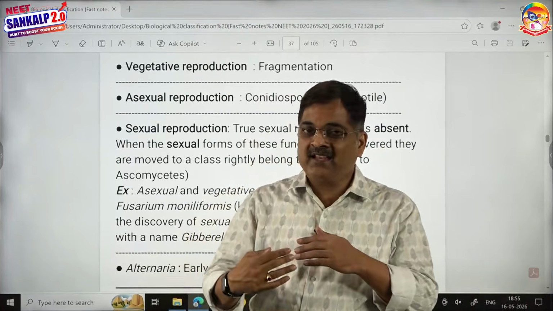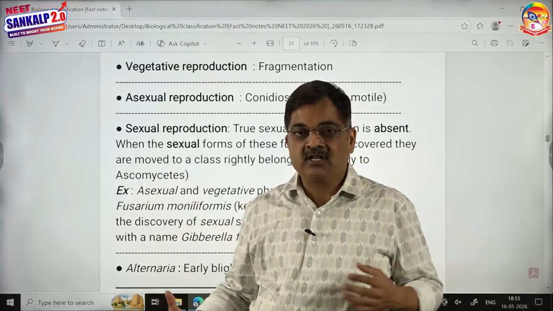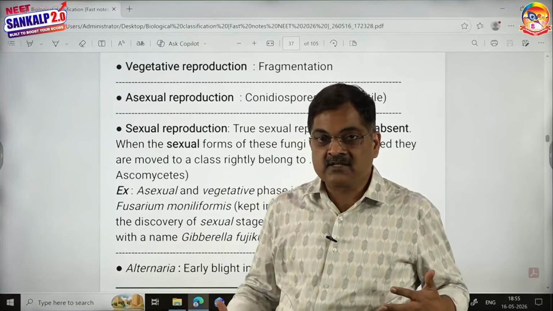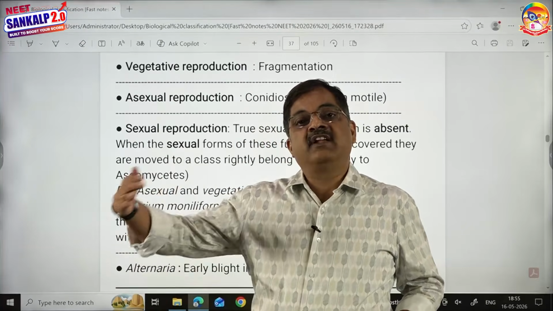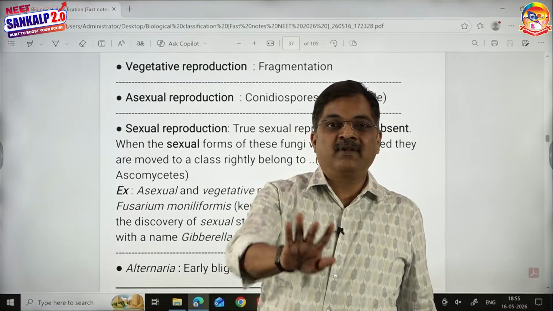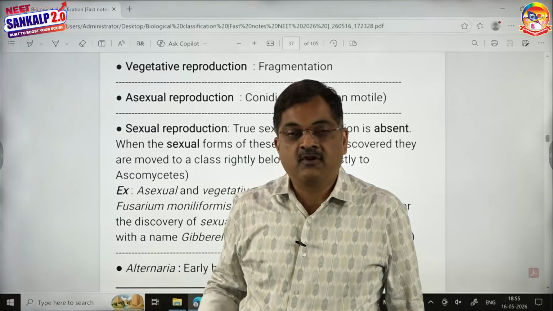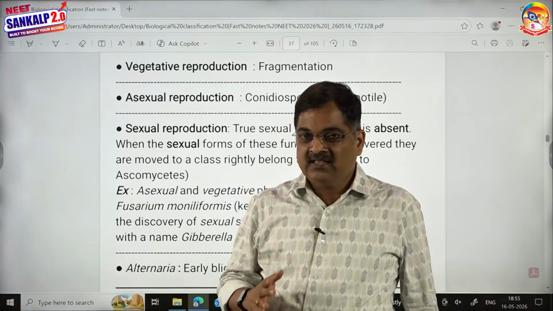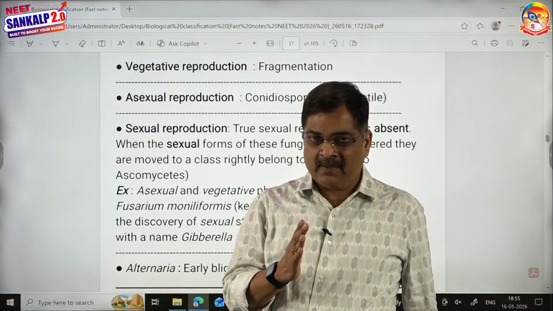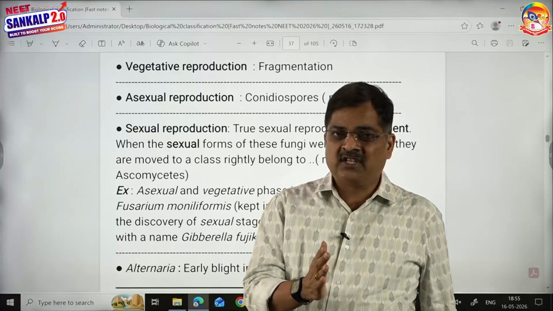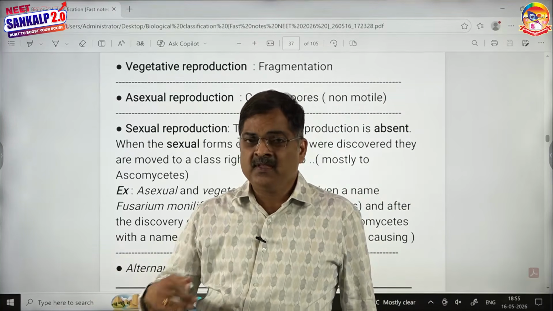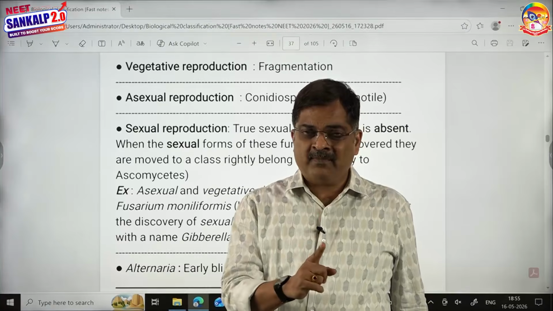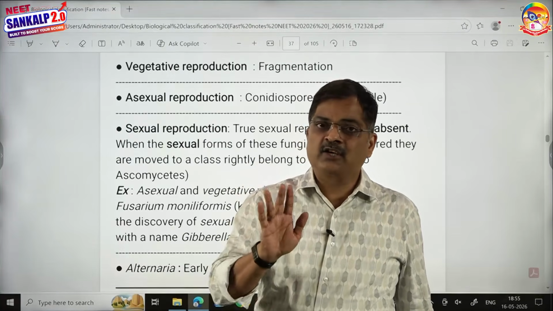When the same organism starts producing fruiting bodies showing sexual stages similar to Ascomycetes, then it is shifted to Ascomycetes with a separate name called Gibberella fujikuroi. So it's very clear that when any Deuteromycetes member shows any sexual stage, then it is shifted either to Ascomycetes or Basidiomycetes, because Deuteromycetes members do not show any sexual reproduction.